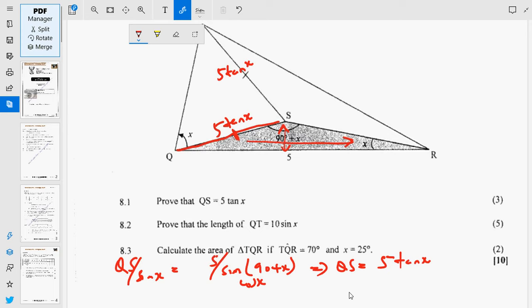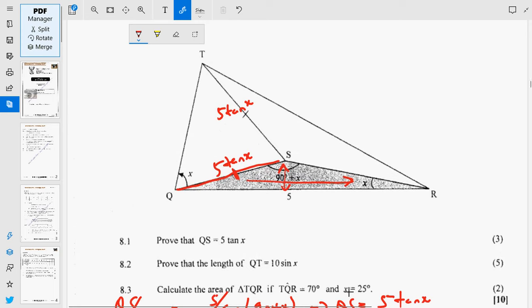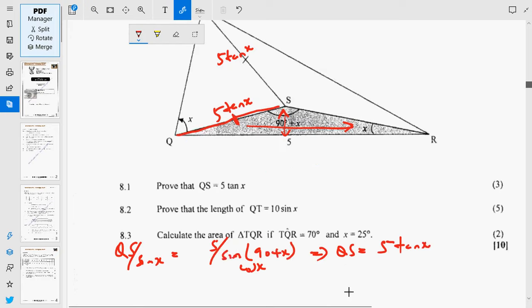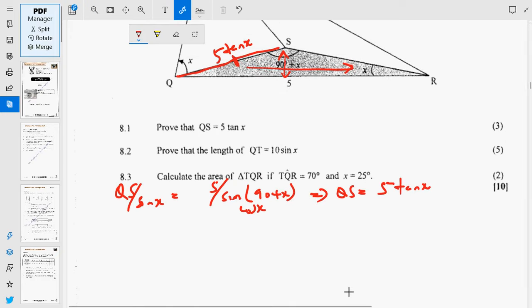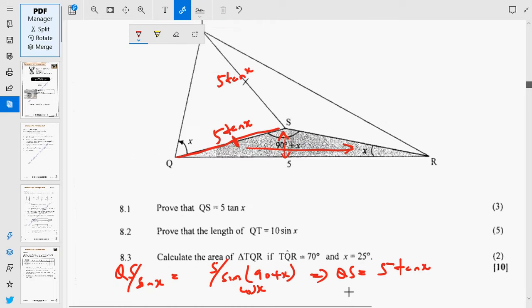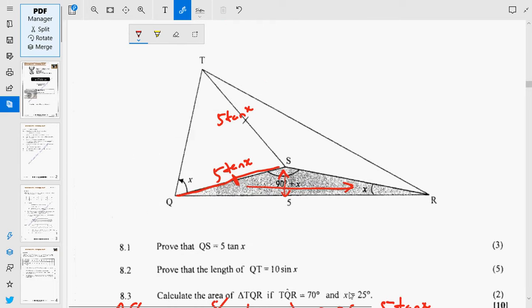Now the next question asks us to prove that the length of QT, now if you look at QT, this is your QT, is 10 sine x. Now, there are different ways to do this particular question. Please note, since these are equal, then you have an isosceles triangle.